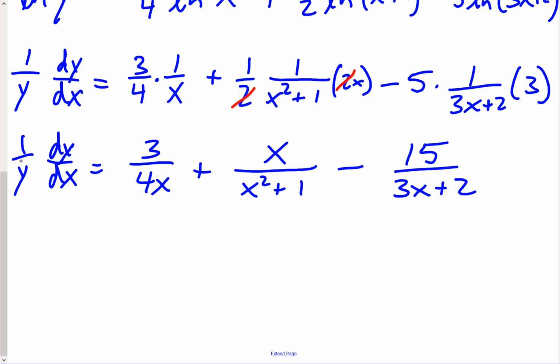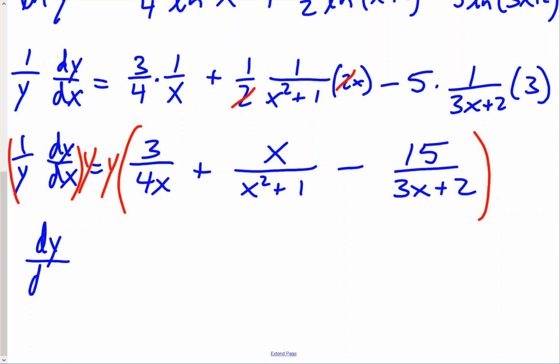Okay, next step, we're going to multiply both sides by y to get the dy dx alone. Okay, so if we multiply both sides by y, that means we would be left with dy dx. And now we're not going to leave that y there.